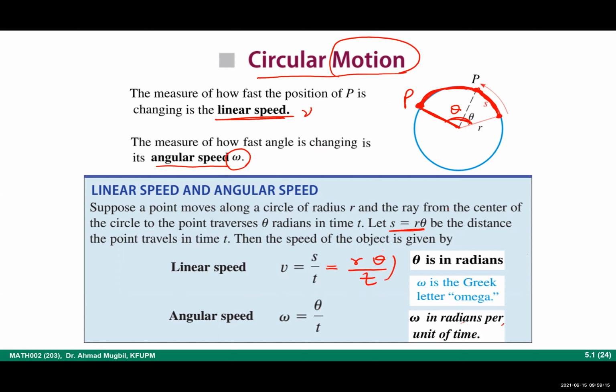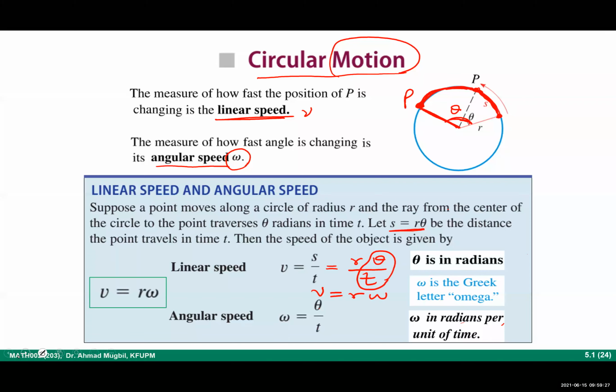And what is theta over t? Omega. So we can write v equals r omega. This is the interesting relationship between the linear speed and the angular speed: the linear speed equals the radius times the angular speed.